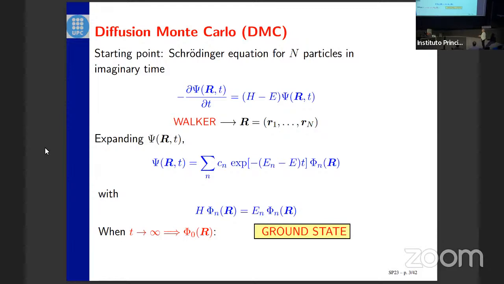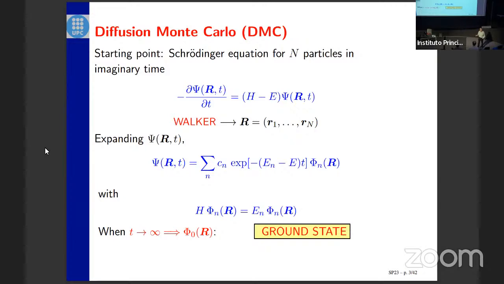The principal idea of all the projection methods is that when this imaginary time goes to infinity, in this combination of terms, only the ground state survives because it's the one with the lowest energy. So this is a projection method. Then, using the Green's function, you get the ground state of a many-body system.